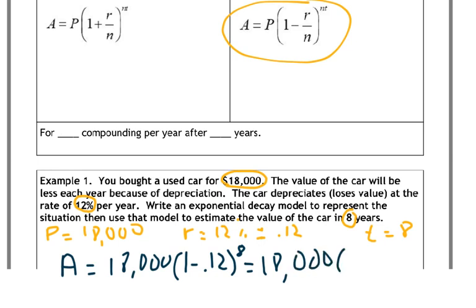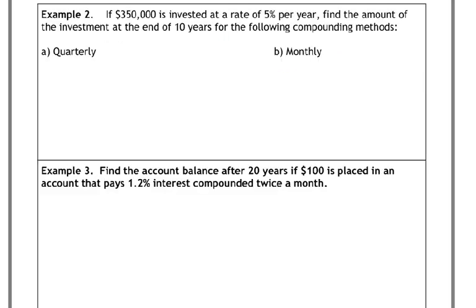I'm going to get 0.88 here, raised to the power of 8, and the answer is $6,473. So which means the car after 8 years, its value is $6,473 only.